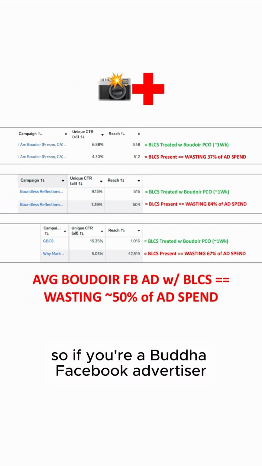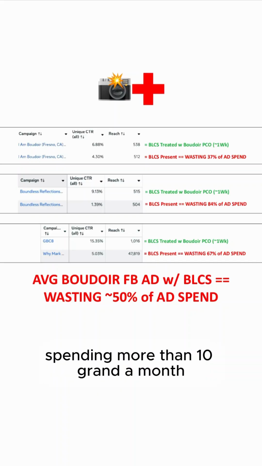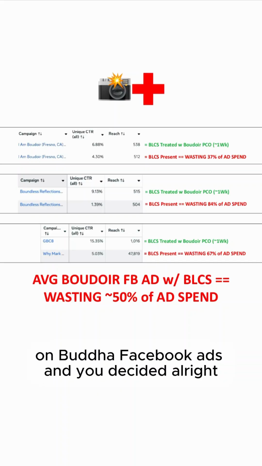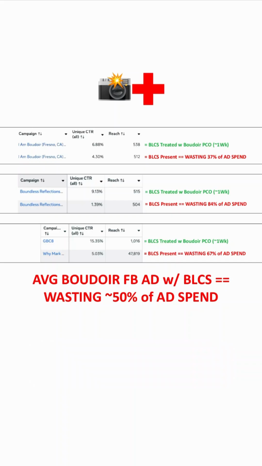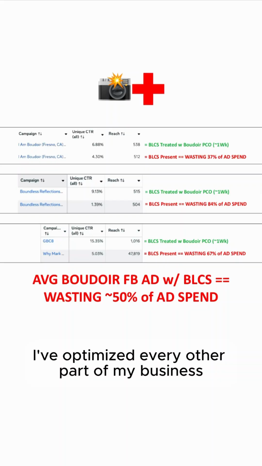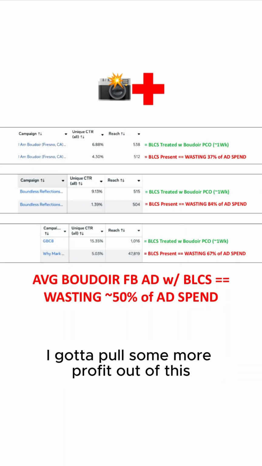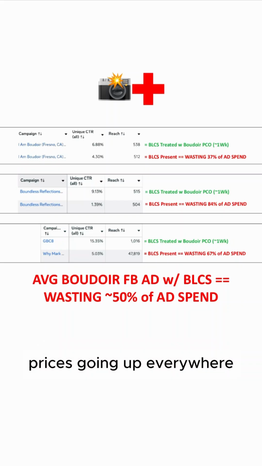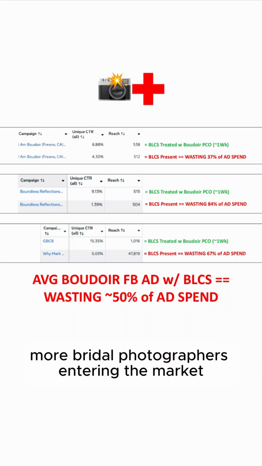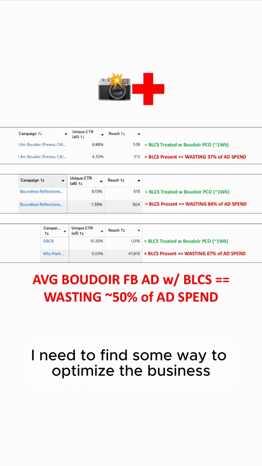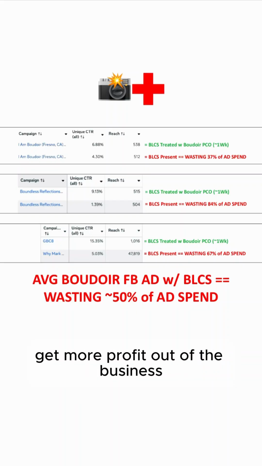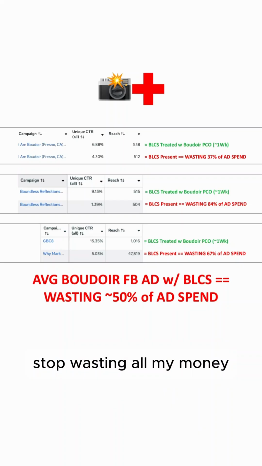So if you're a boudoir Facebook advertiser spending more than 10 grand a month on boudoir Facebook ads, and you decide, all right, I've optimized every other part of my business, I gotta pull some more profit out of this because there's inflation, prices going up everywhere, more boudoir photographers entering the market. I need to find some way to optimize the business, get more profit out of the business, stop wasting all my money.